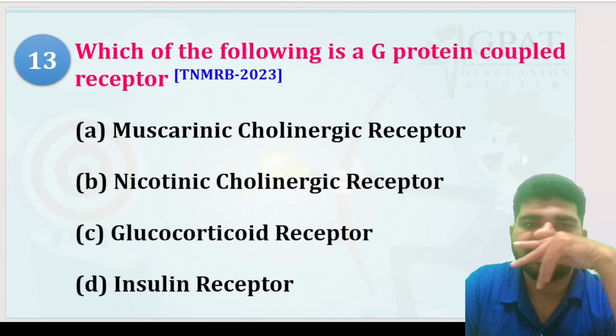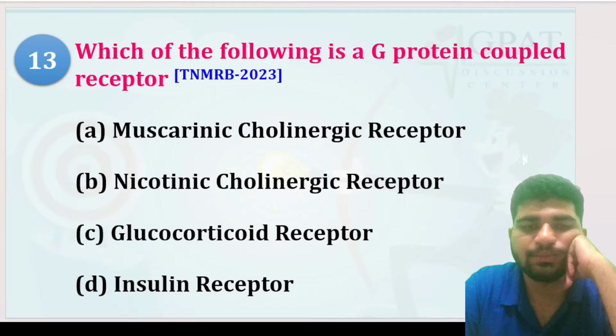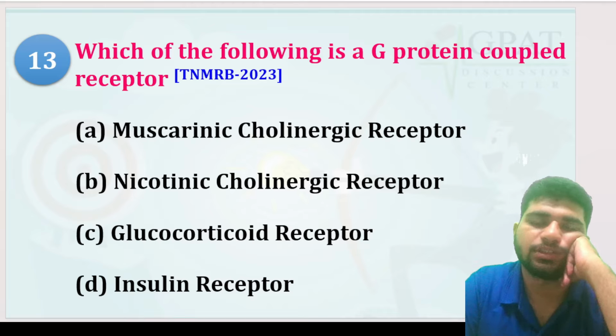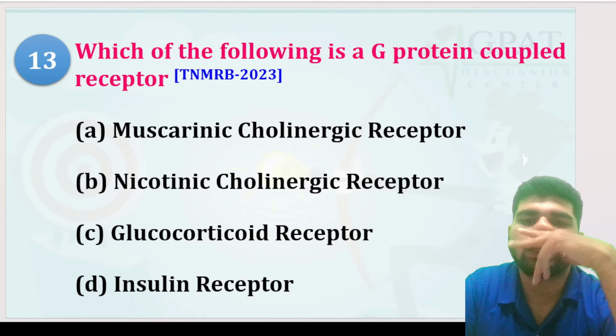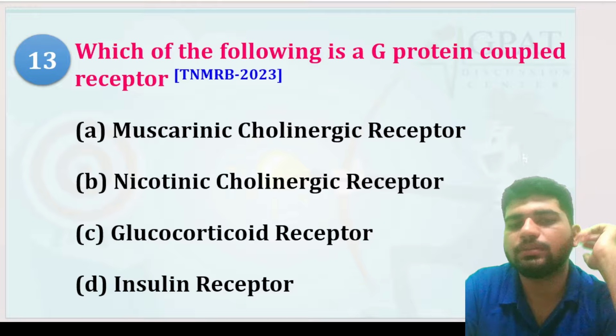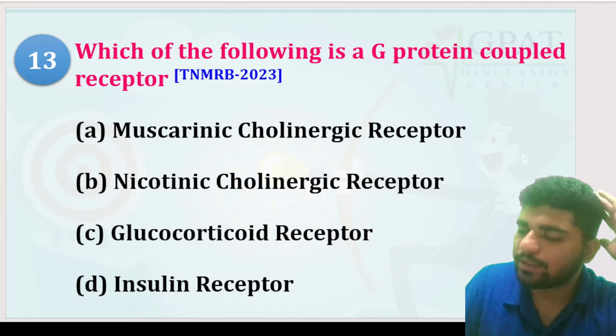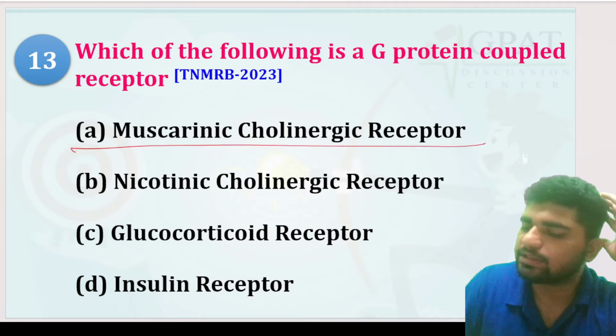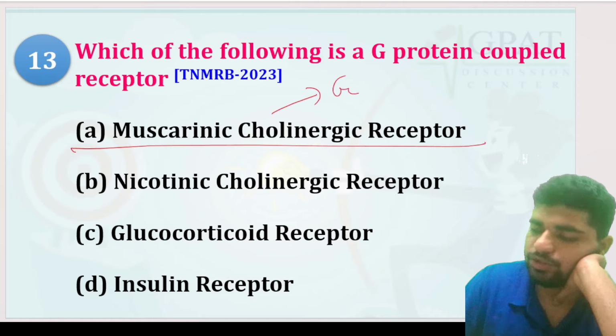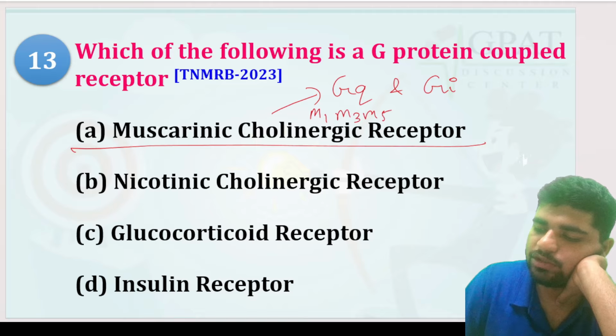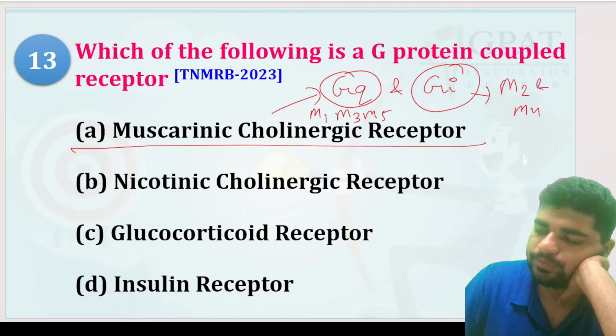Okay. Which of the following is a G protein coupled receptor? Very easy question. Muscarinic cholinergic receptor, nicotinic cholinergic receptor, glucocorticoid receptor, or insulin receptor? Muscarinic cholinergic receptors are generally Gq as well as Gi mediated. The odd ones, M1, M3, and M5, are Gq coupled receptors, whereas Gi has M2 and M4.